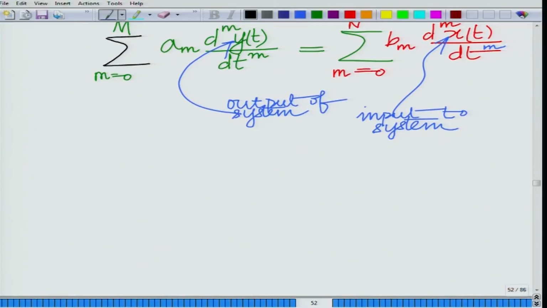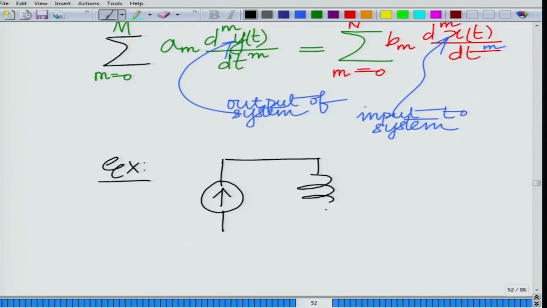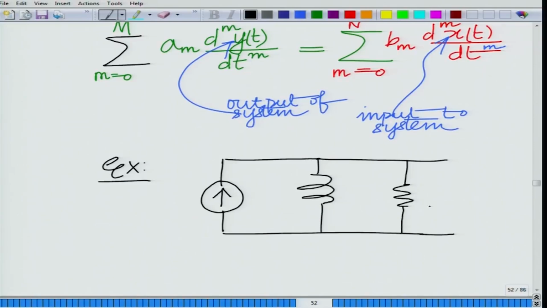For instance, a simple example of such a system would be, we have seen this before, I have a current source. Okay. I have an inductor and a resistance.